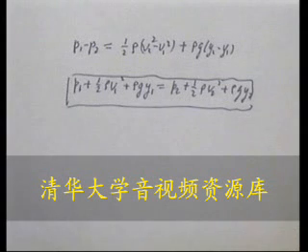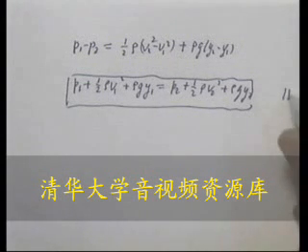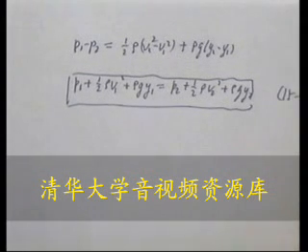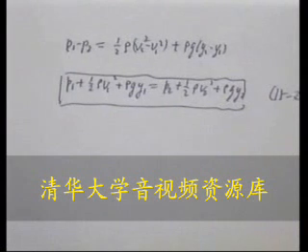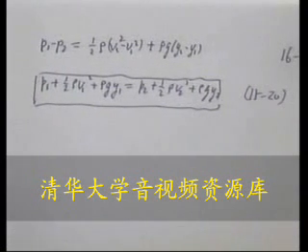That's called Bernoulli's equation. That's 15-20. This is a very useful formula.